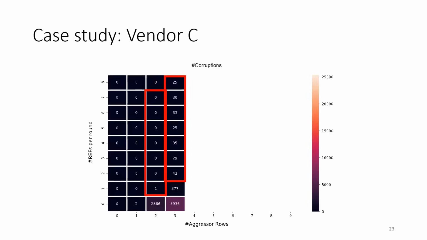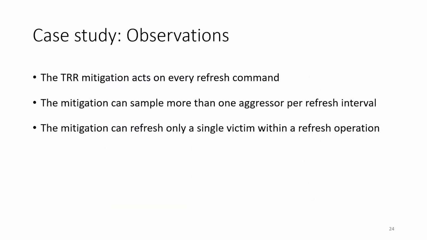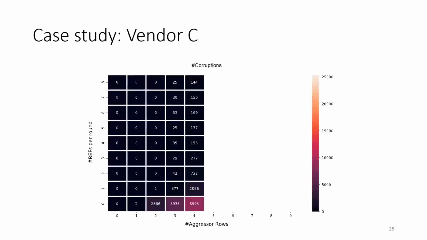Notice that when hammering both 2 and 3 rows, the plateaus happen when R, the number of refresh operations, is equal to n, the number of aggressor rows. This leads us to the following additional observations. The mitigation can sample more than one aggressor per refresh interval, and it can refresh only a single victim within a refresh operation. But how can we recover the size of the sampler at this point?